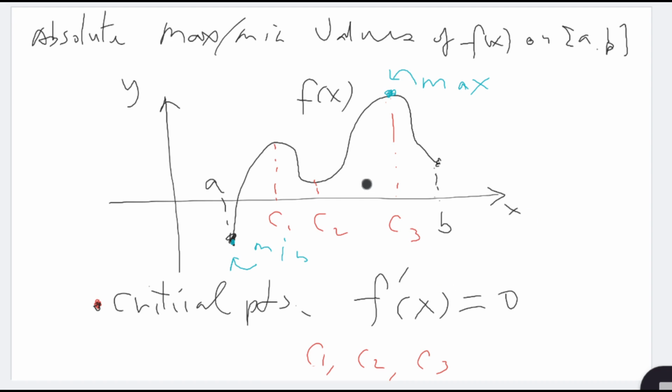Okay, so this method involves finding C1, C2, C3, which we're calling critical points for now. So f prime is 0, derivative is 0, because the slope of the tangent line is 0. The tangent line is horizontal, therefore the slope is 0, or the derivative is 0.